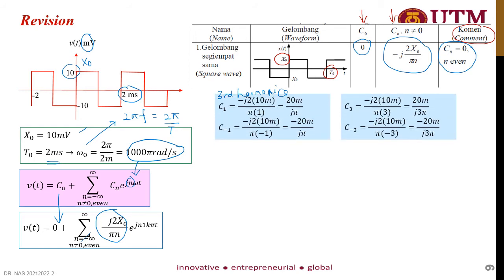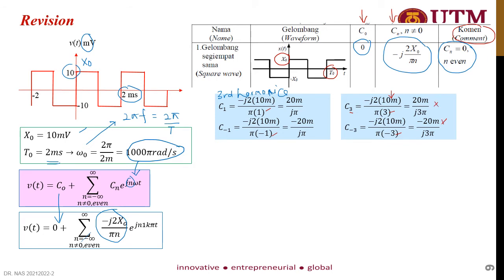So this is Cn, so replace all the values in. Negative j 2x naught, your x naught is 10 milli, and then divided by pi n, in this case for n equal to 1, and this is for n equal to minus 1. Same goes to the third harmonics, n equal to 3 and n equal to minus 3. So this is from the equation, and this is the final answer.